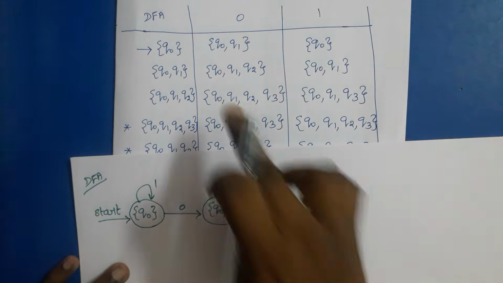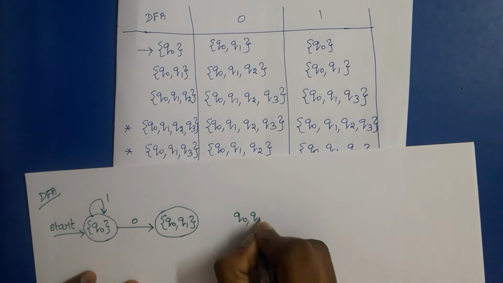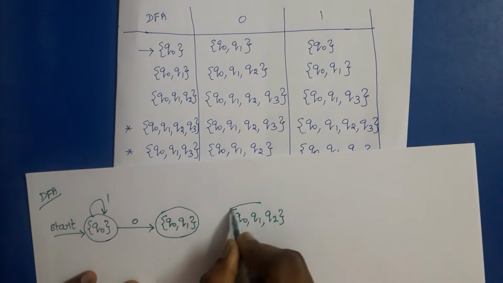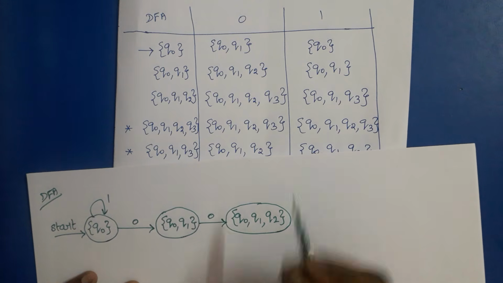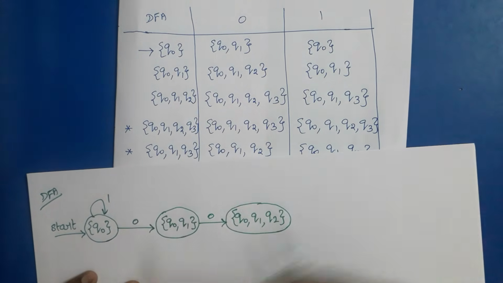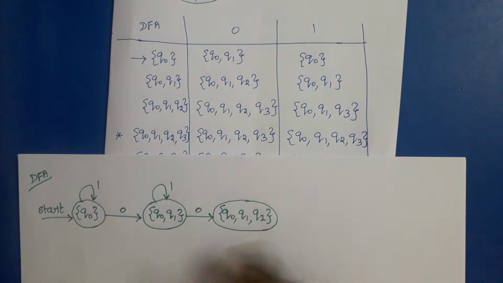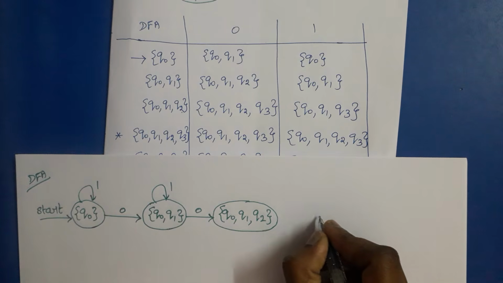From Q0, Q1, 0 goes to Q0, Q1, Q2. And from Q0, Q1, 1 goes to Q0, Q1. Then from Q0, Q1, Q2, 0 goes to Q0, Q1, Q2, Q3.